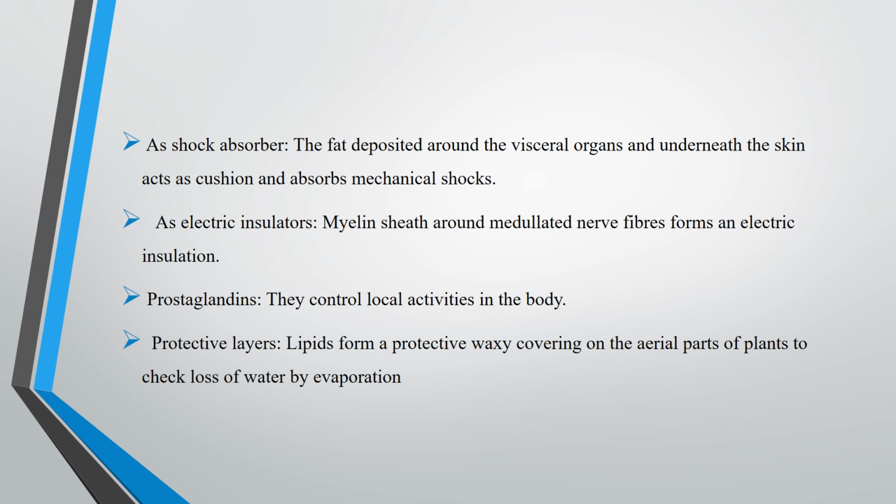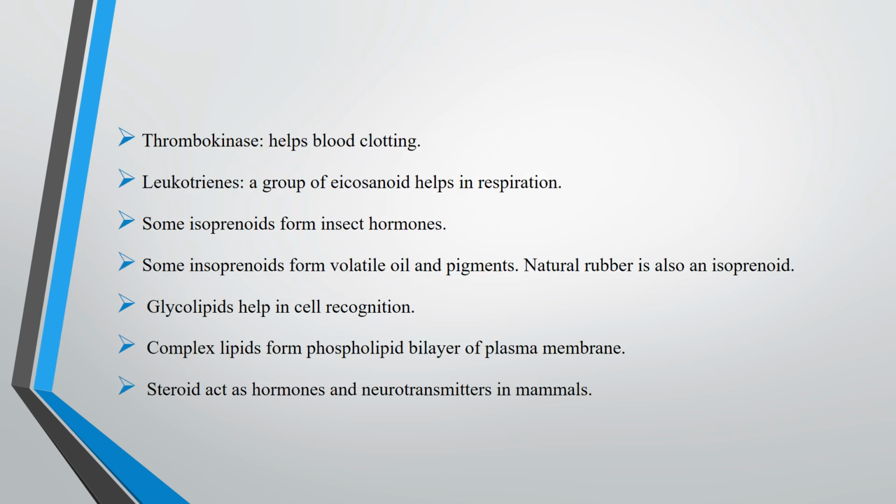Protective layers. Lipids form a protective waxy covering on the aerial parts of plants to check loss of water by evaporation. Thromboplastin helps in the blood clotting process. Leukotrienes, a group of eicosanoids, help in respiration.